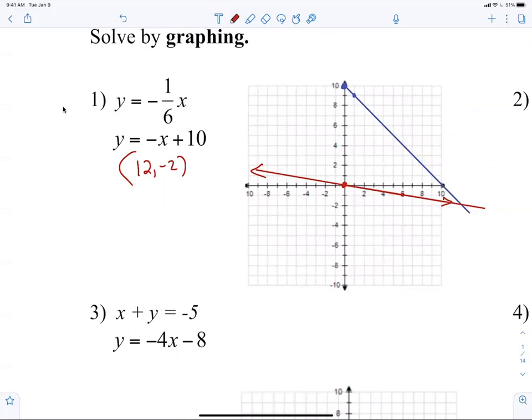No sign change. Go to y equals, make sure you typed it in correctly, 1/6 x, and then -x plus 10 under y2. Now graph. Then you need to go to second calc.